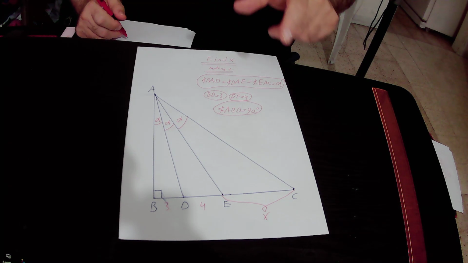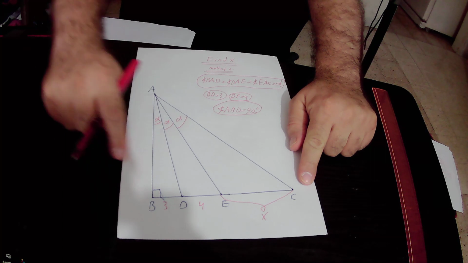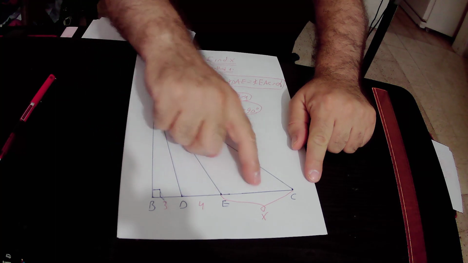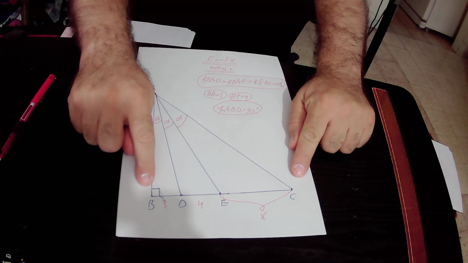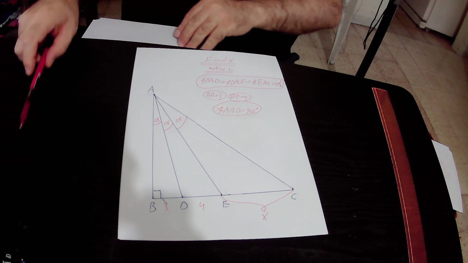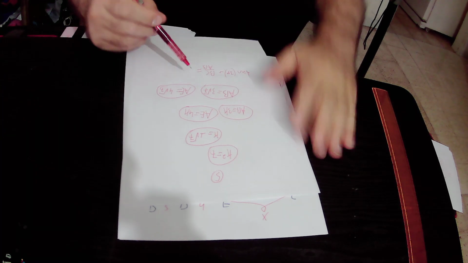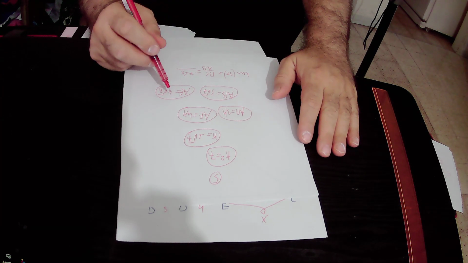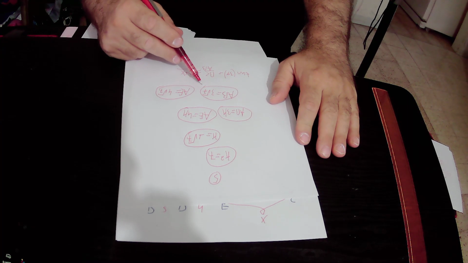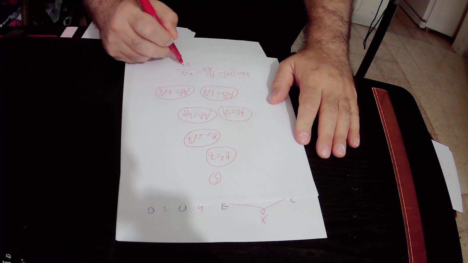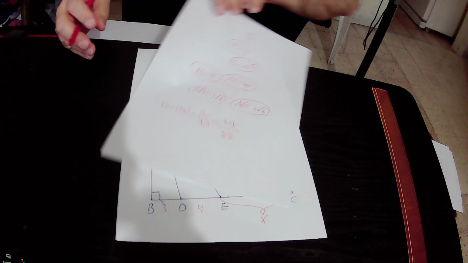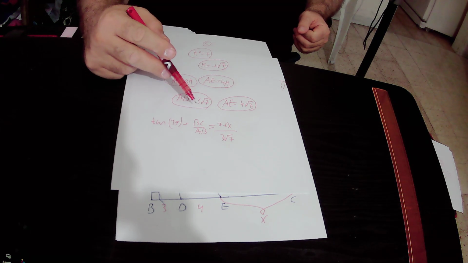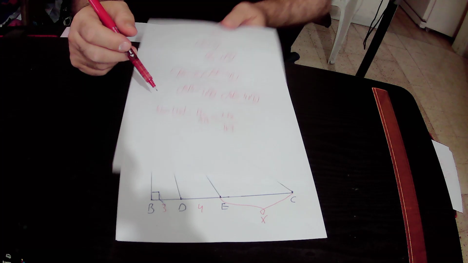From the drawing you can see that BC equals 3 plus 4 plus x. That is to say BC equals 7 plus x. And we have already found out that AB equals 3 times root 7. So in total we found out that tangent 3 alpha equals 7 plus x over 3 times root 7.